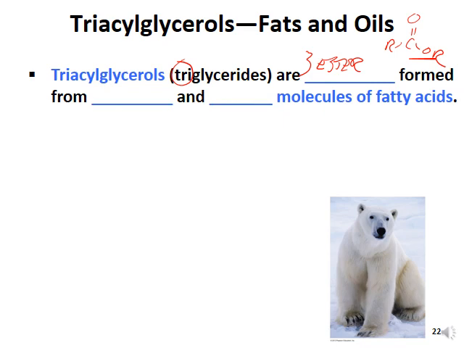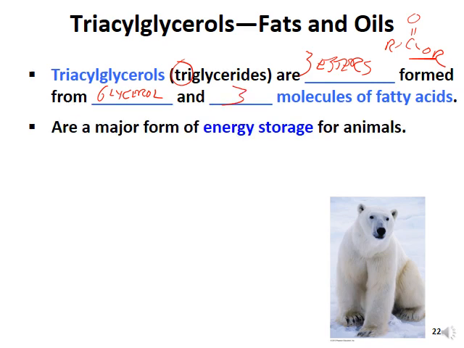There are 3 esters formed from glycerol and 3 molecules of fatty acids. All right, so triacylglycerols are major energy storage in animals. There's a polar bear, which basically eats like crazy during the winter, stores up its fat energy, and then doesn't eat very much for long periods of time, but lives off the fat storage.